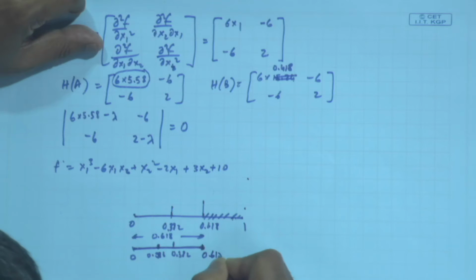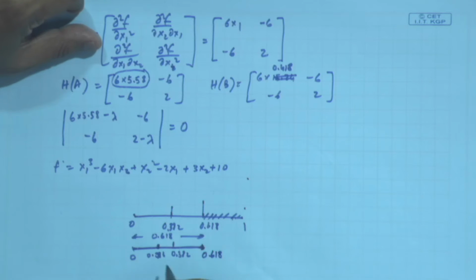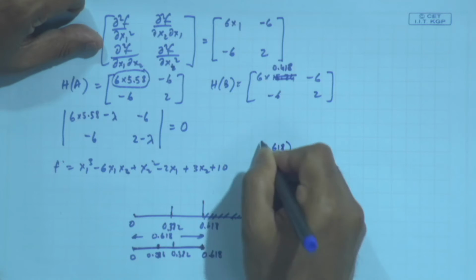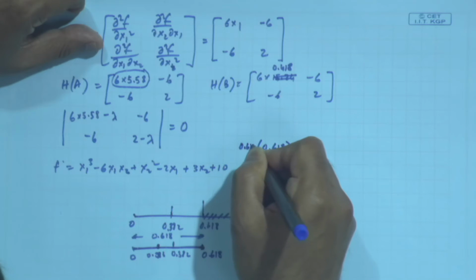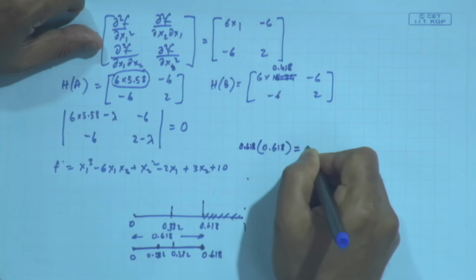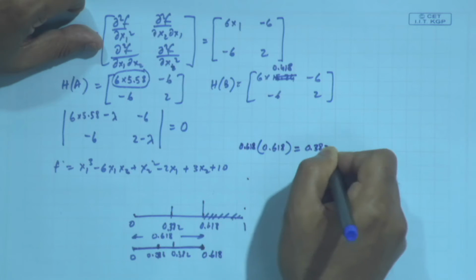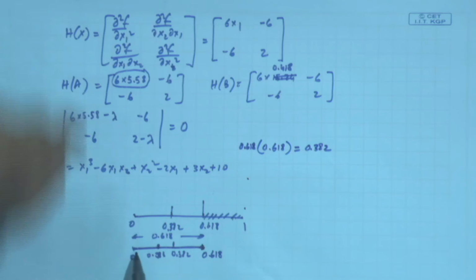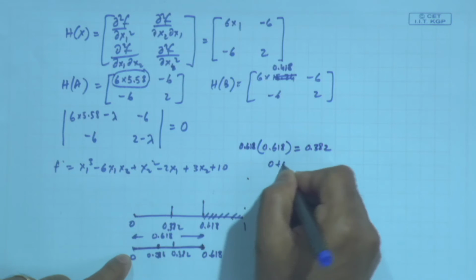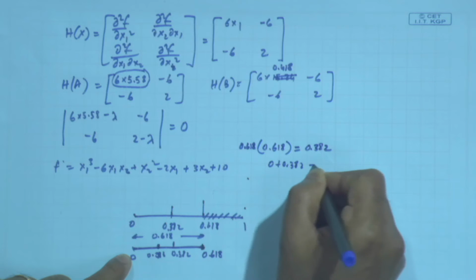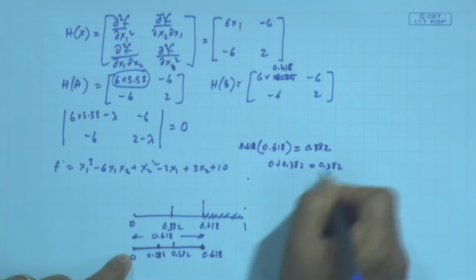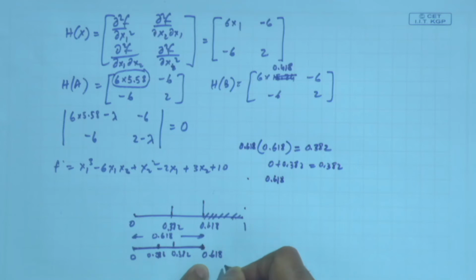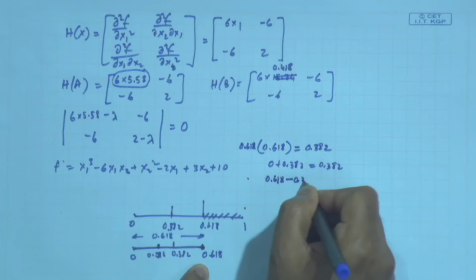So the confusion may be how to get this point, right? Now you are left with 0.618 and you go 61.8% of that. So how much is this? This is 0.382, right? This you have to get from either end. So 0 plus 0.382 will be 0.382, and the other end will be 0.618 minus 0.382.